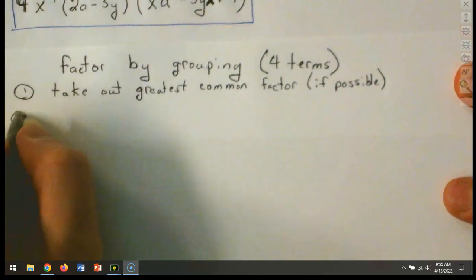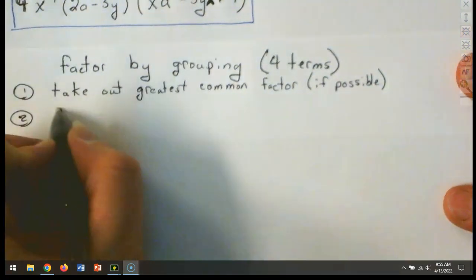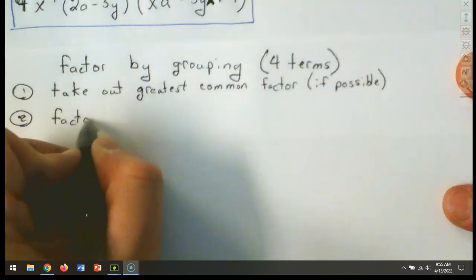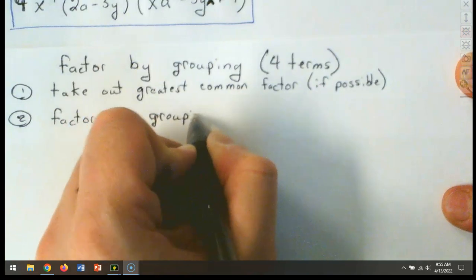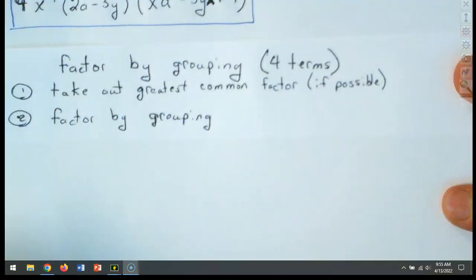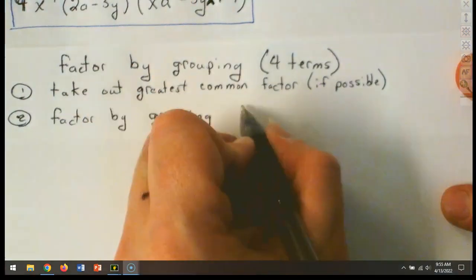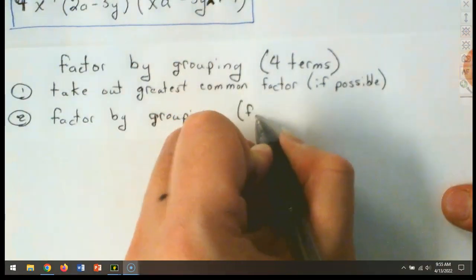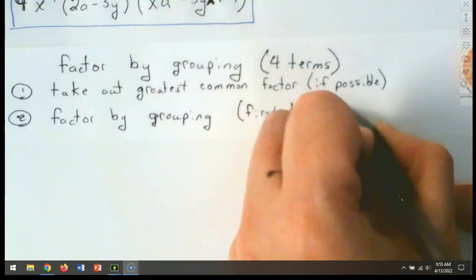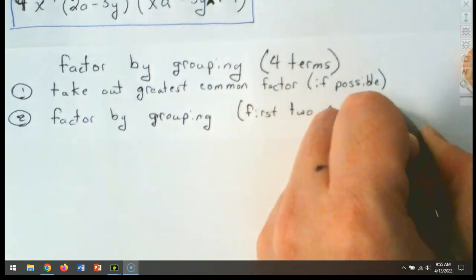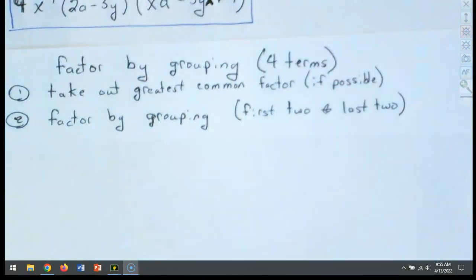And step 2 is you factor by grouping. And what we do is we group the first two pieces together and the last two. So we factor by grouping. You group the first two together, and you group the last two together.